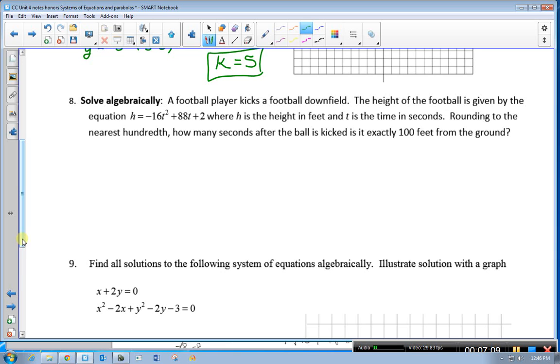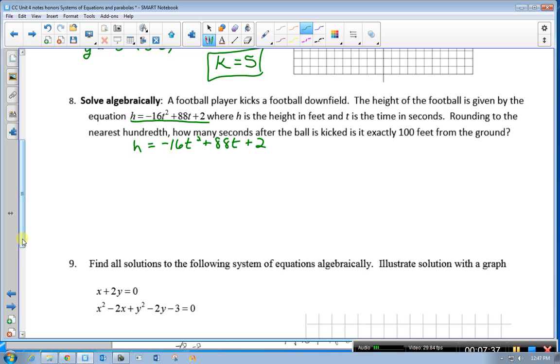Solve algebraically. A football player kicks a football downfield. The height of the football is given by the equation. H is the height in feet and t is the time in seconds. Rounding to the nearest hundredth, how many seconds after the ball is kicked is it exactly 100 feet from the ground? So this is negative 16t squared plus 88t plus 2, the height of the football.